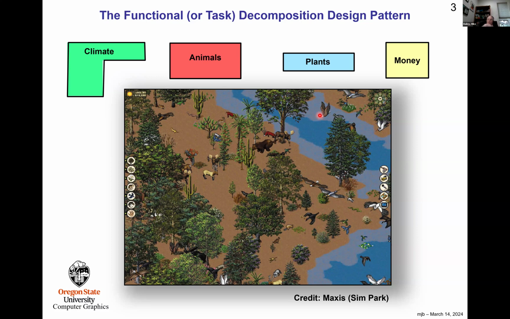But the fact that each group has to interact with the other, the animals need the plants to stay alive. The amount that the animals eat the plants changes the amount of plants that are there. And in SimPark, you're also interacting with the climate and the money you're willing to throw into the park and all of that. So all these functions have to work together somehow.